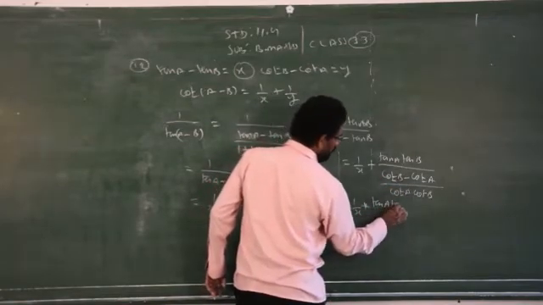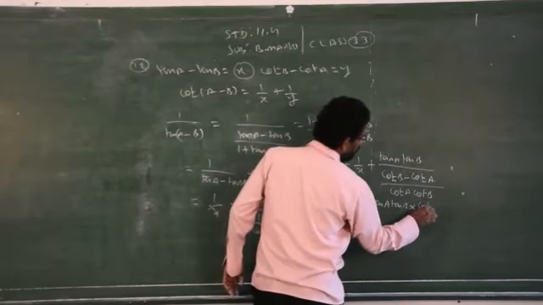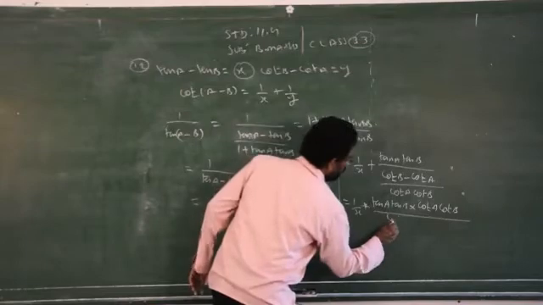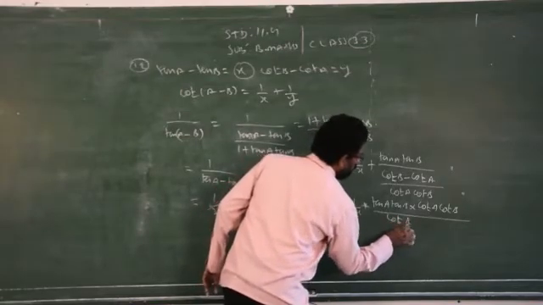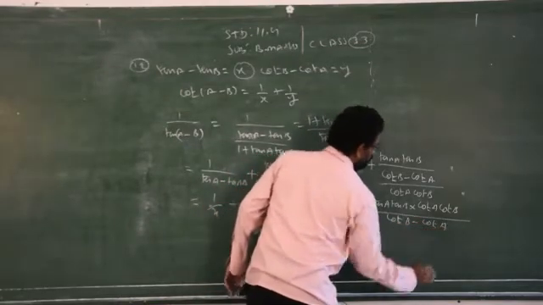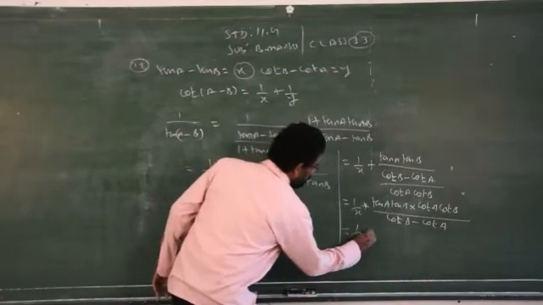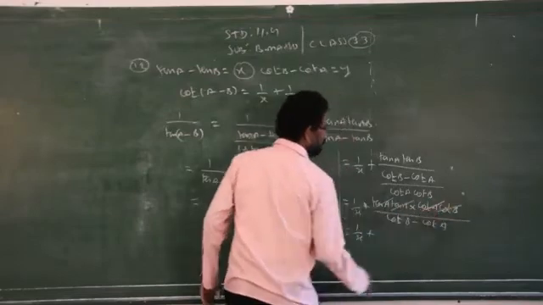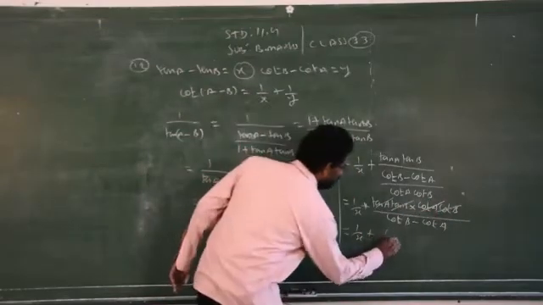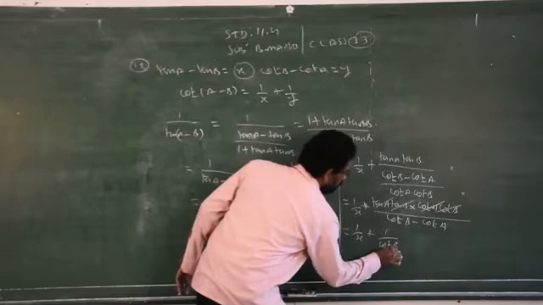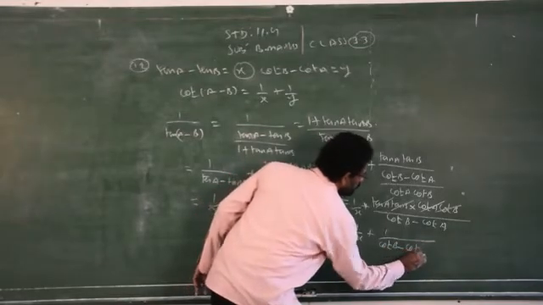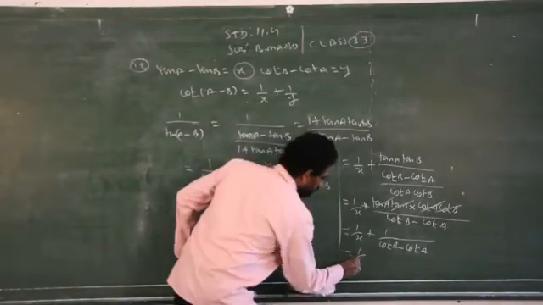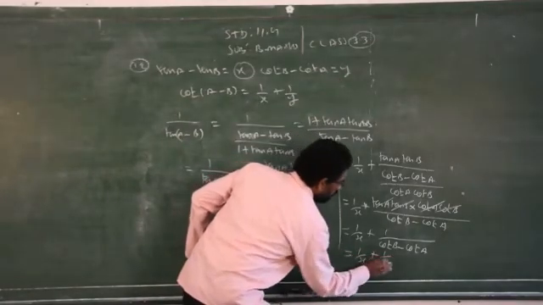So tan A tan B into cot A cot B by cot B minus cot A. So 1 by X plus, tan A is the reciprocal of cot A, tan B is the reciprocal of cot B. So everything gets cancelled, we get 1 by the denominator cot B minus cot A. So cot B minus cot A is what? Y. So I got 1 by X plus 1 by Y.